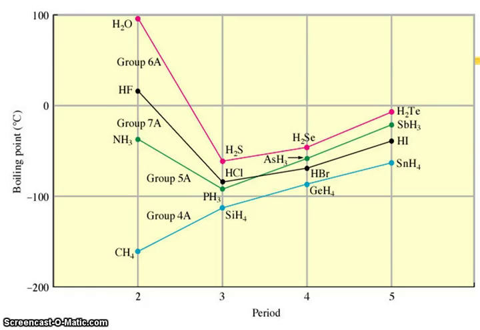And if we look at the beginning of each of these lines that are graphed, we see water, hydrogen fluoride, ammonia, and methane. And notice that water, hydrogen fluoride, and ammonia have much higher boiling points than the rest of the trend within their particular group.